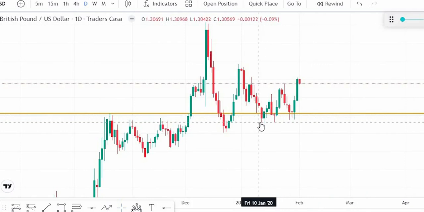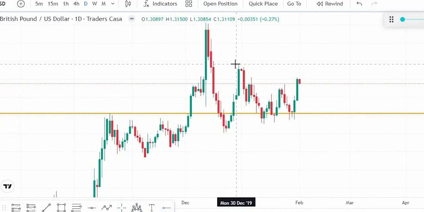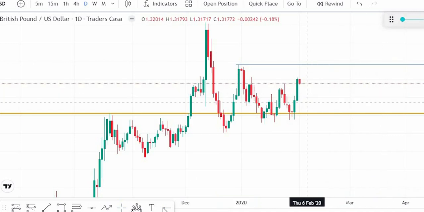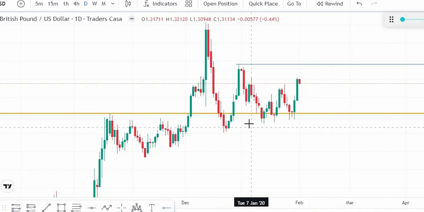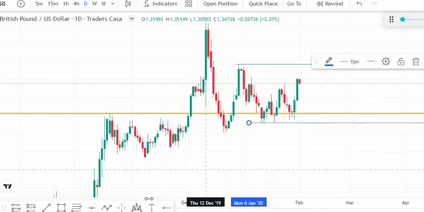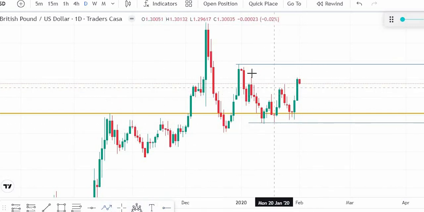So as I said, we have to wait for a confirmation. Either the market breaks and closes above this, the color blue, or the market breaks and closes below this. If the market does any of this, we are going to know the current direction of the market.